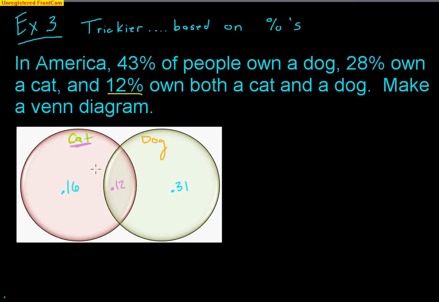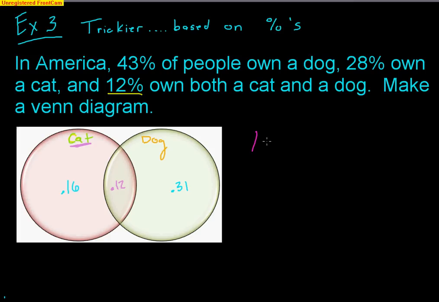The leftover would be the people that don't own a cat nor a dog. So if I take 100, or 1, right? Take 1, which is 100%, and get rid of the 12%, that's the people that own a cat and a dog. Get rid of the 31%, that's the people who only own a dog and not a cat. Get rid of the 16% of people who own a cat, but not a dog.